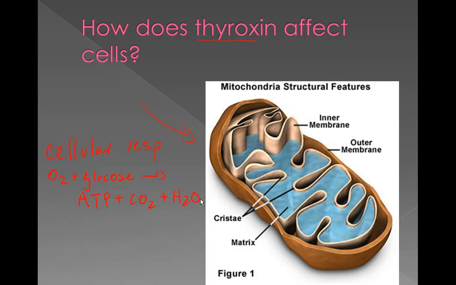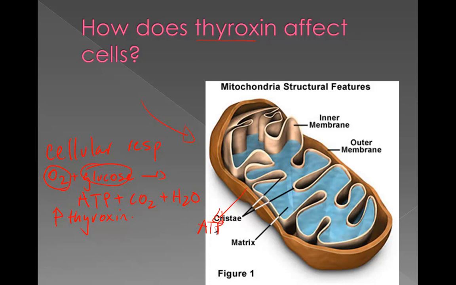If thyroxine levels go up, then the metabolism of oxygen and glucose will go up because I need the output of more energy.